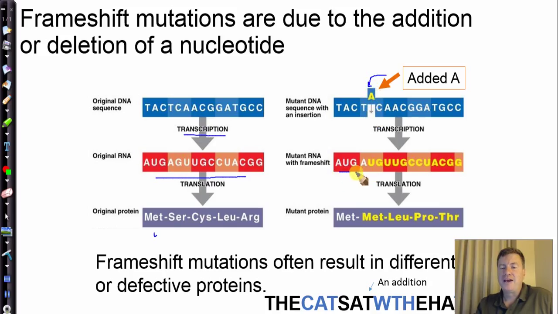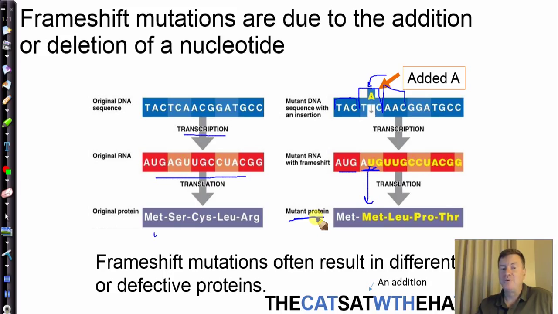Because of that, we now have a different amino acid in the second position, because everything has to shift over. Now we read these three, then these three, and these three. We had methionine, serine, cysteine, leucine, arginine; now we have methionine, leucine, proline. Boy, that's a bad mutation.